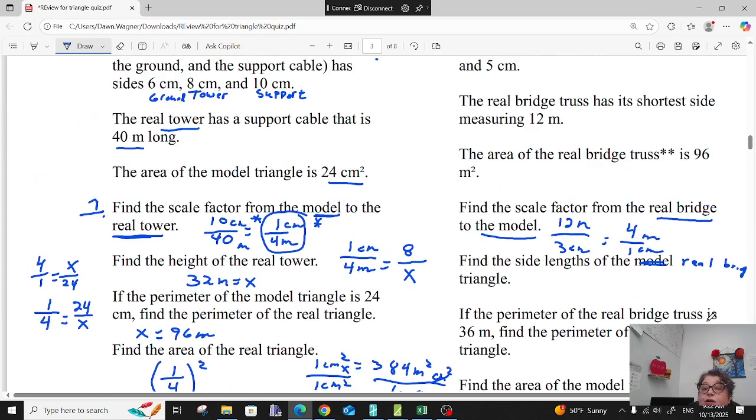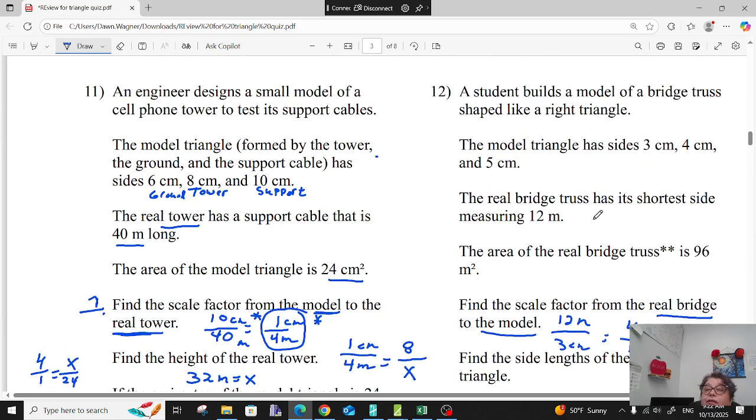Yeah, and if you notice that 3 times 4 is 12, you could just multiply 4 times 4 and 5 times 4 to get the other. That's the easier way. Or you could just set it up as cross multiplication.